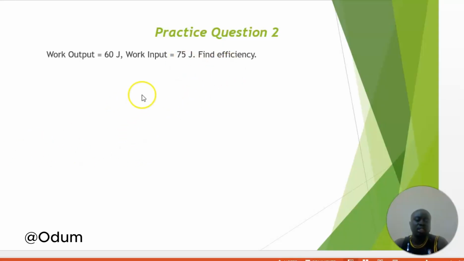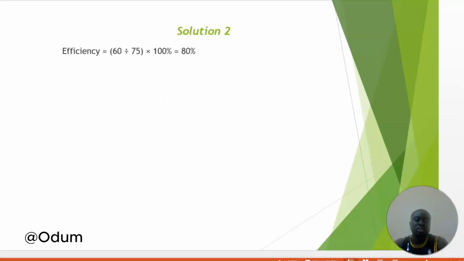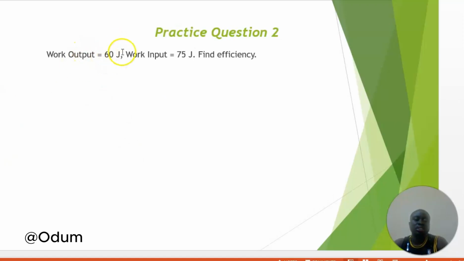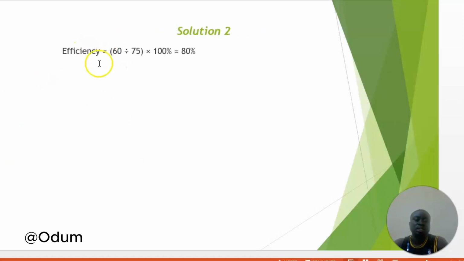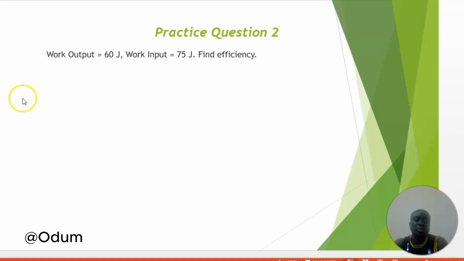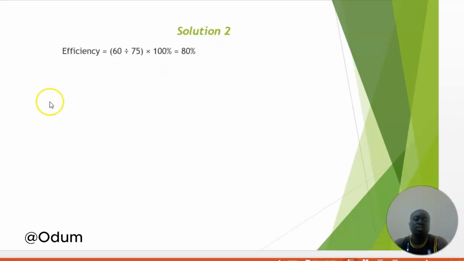Our work output is 60, and our work input is 75. Multiply by 100, and when you compute this, you are going to get 80%.